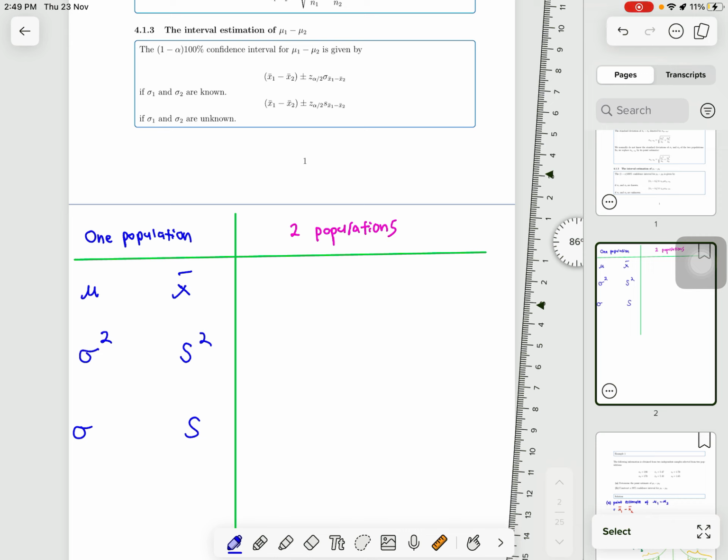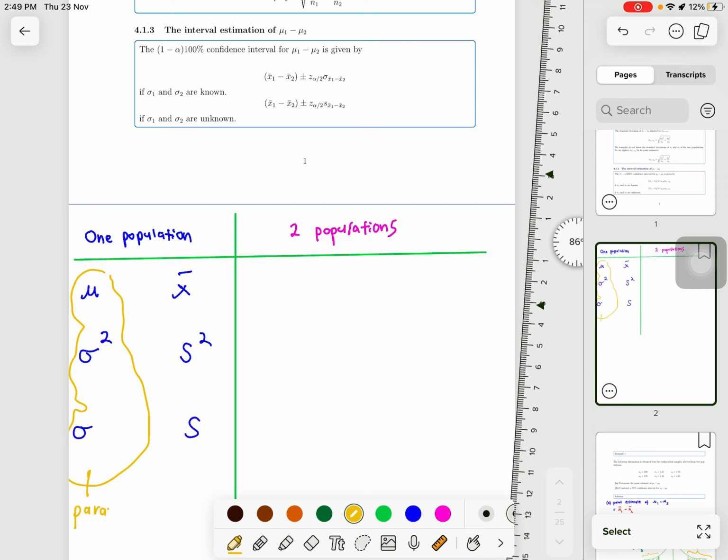All this we call parameter, and this is the value of statistic. Statistic we get from the sample and parameter from the population, but we estimate the value of parameter by using the value of statistic.